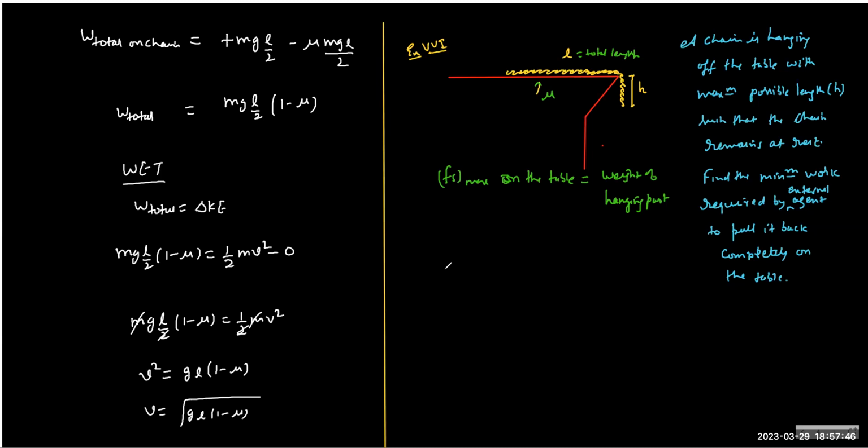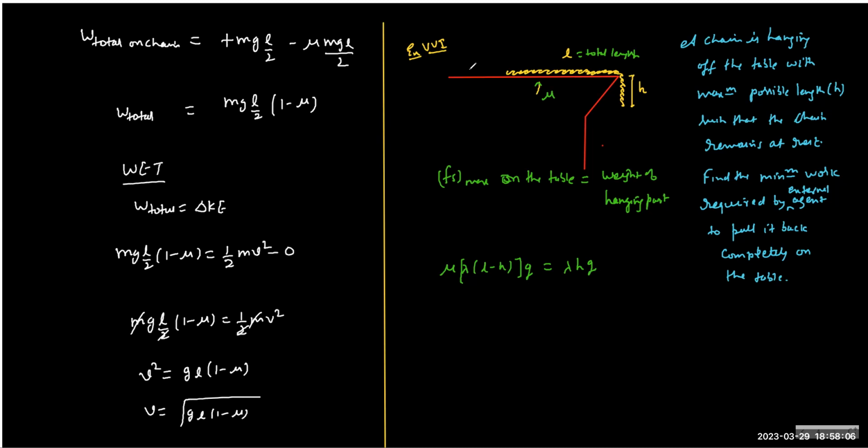So we can write this as mu times the mass, which is lambda (L minus h) times g. That's the limiting friction. The weight is lambda h g. Why do I suggest writing in terms of lambda?